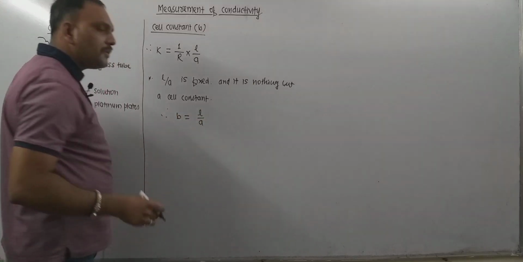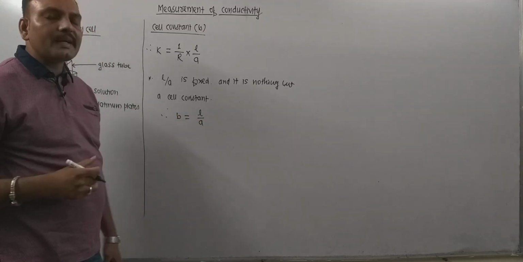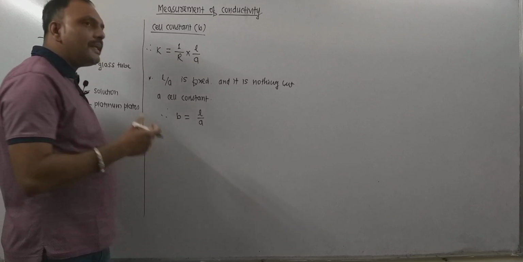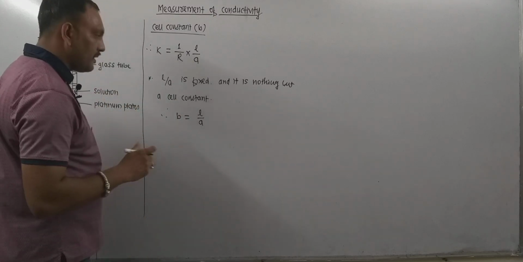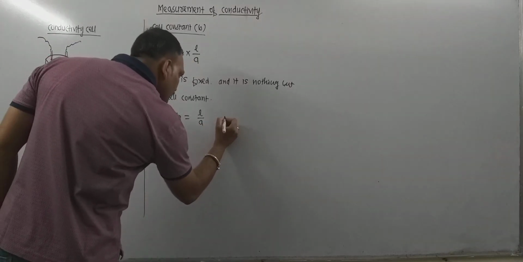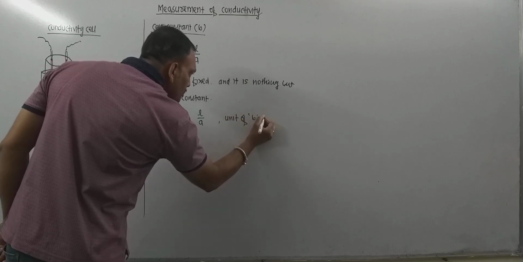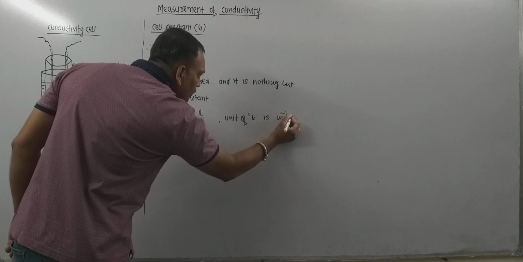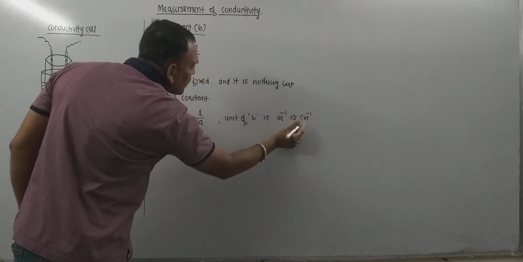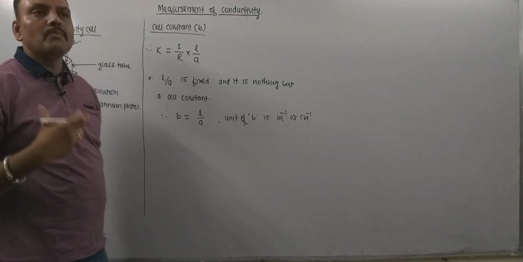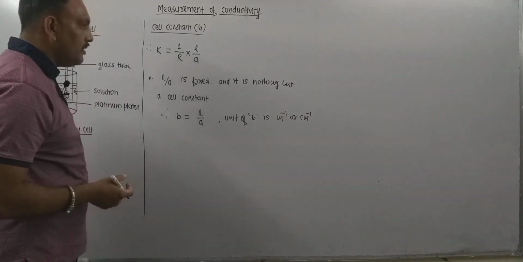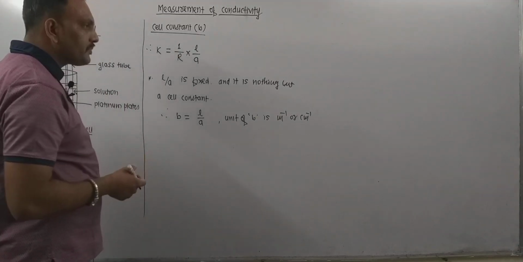Now L is length, which may be expressed in centimeters or meters, and area in centimeter square or meter square. Thus the unit of B, that is the cell constant, is meter inverse or centimeter inverse. Probably centimeter inverse is the more convenient scale to be used.